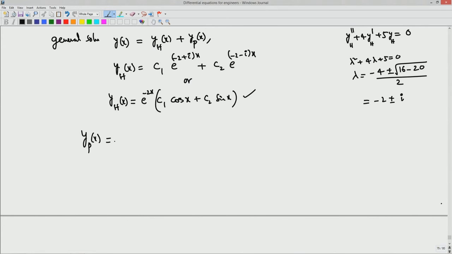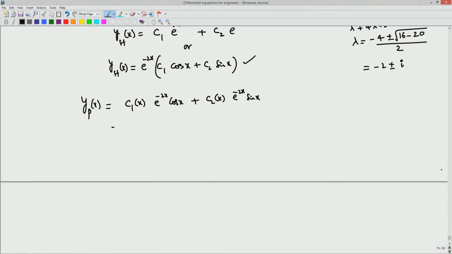How do you calculate this yp? To get this yp, I let C1 vary as a function of x: C1 of x e power minus 2x cos x plus C2 of x e power minus 2x sin x. Then C1 and C2 will satisfy the system we have seen already, so you just remember these forms.